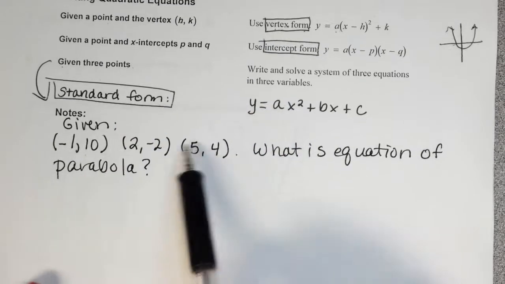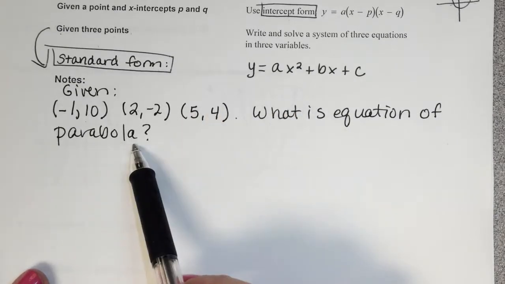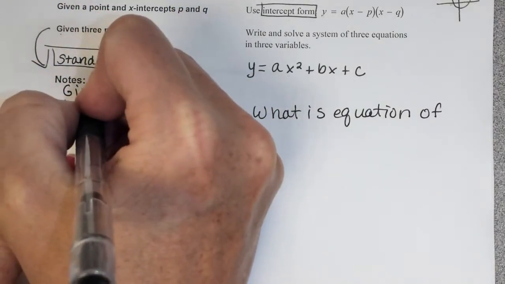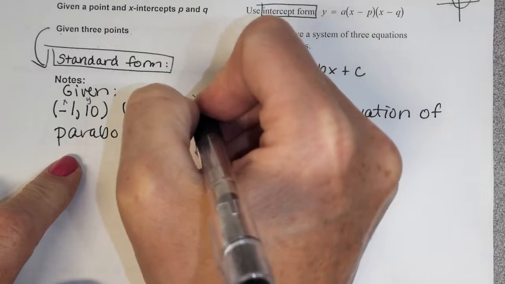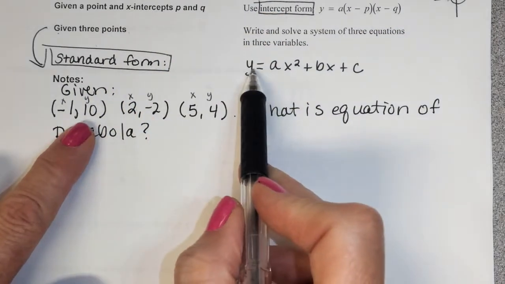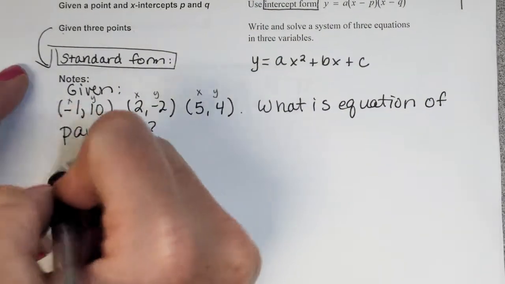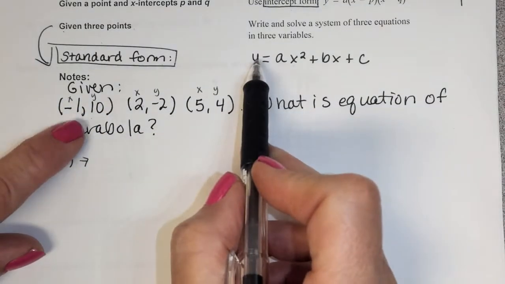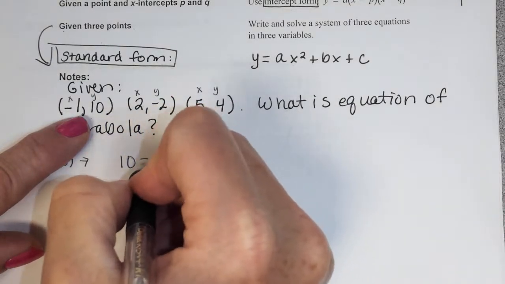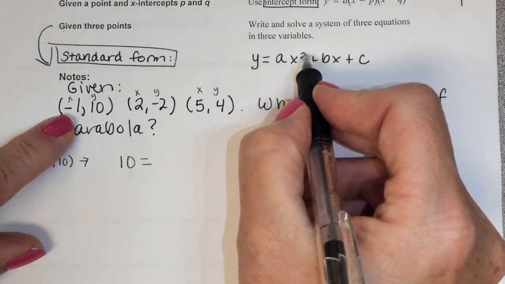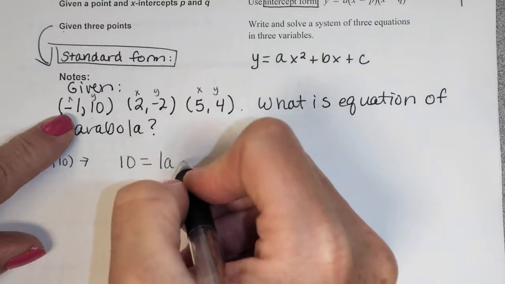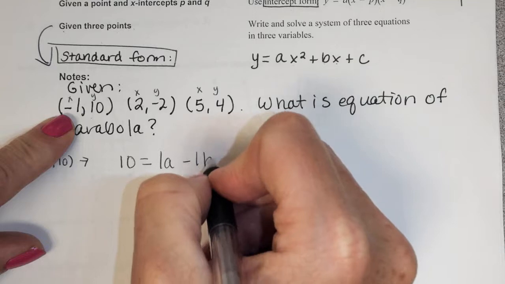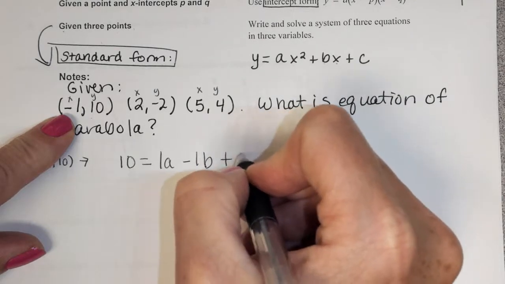All right, so if given these 3 points, it says what is the equation of the parabola? So what I could do is this is x, this is y, this is x, this is y, x and y. I could plug in, use my first point. So using the point -1, 10, my equation would turn into 10 equals -1 squared is 1a, -1 times b would be -1b, and then plus c.